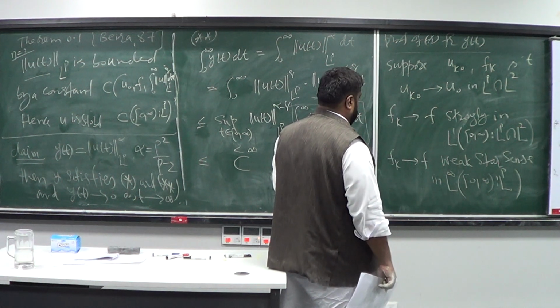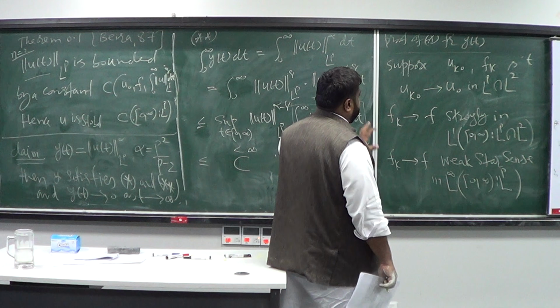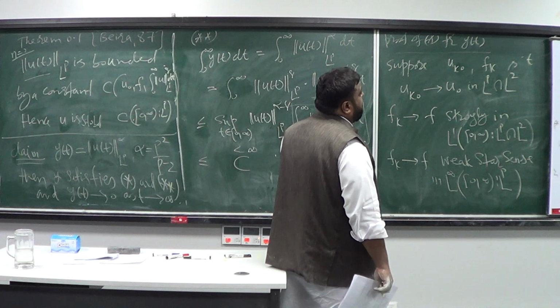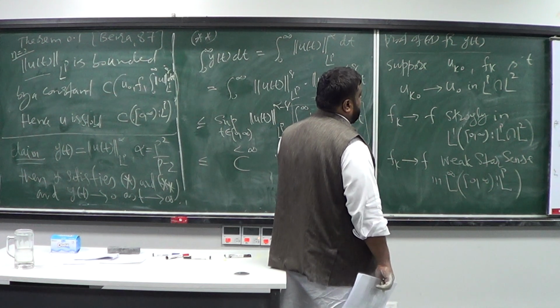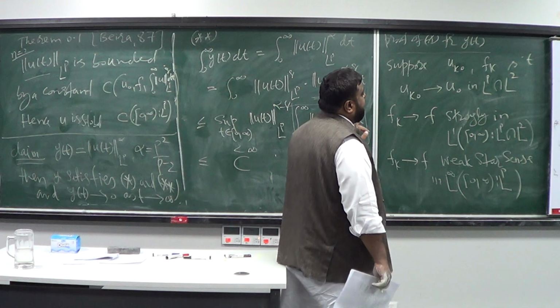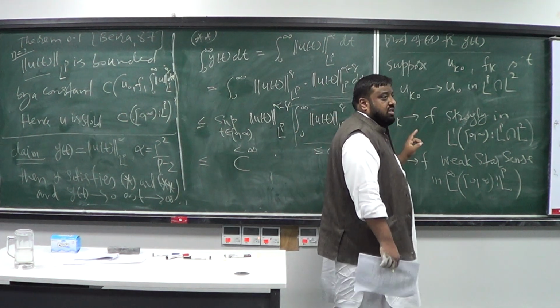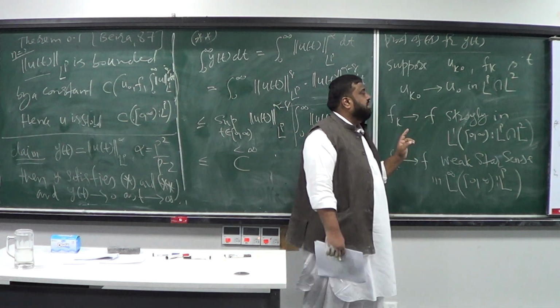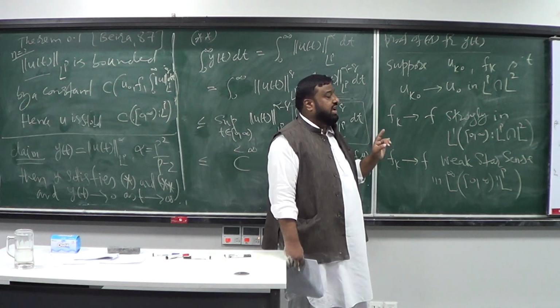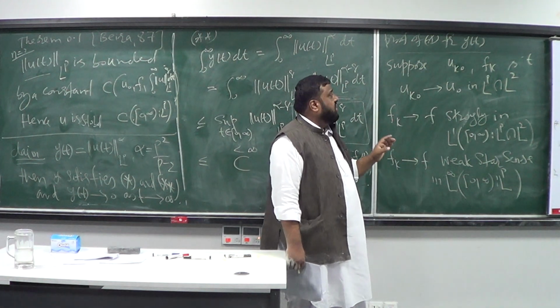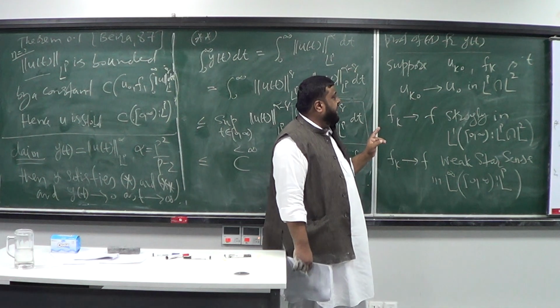So in other words, in your Navier-Stokes equation, replace U naught by U_k naught and F by F_k.